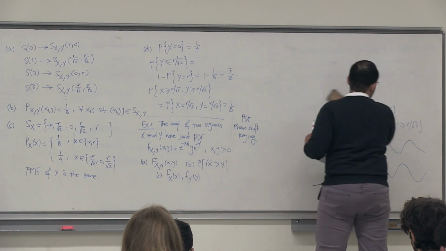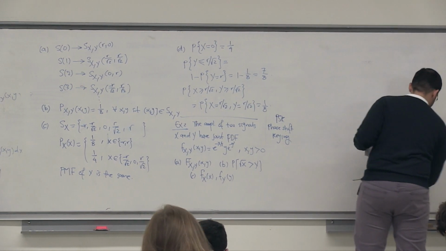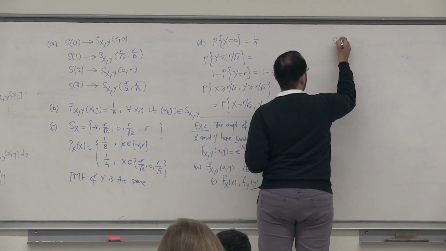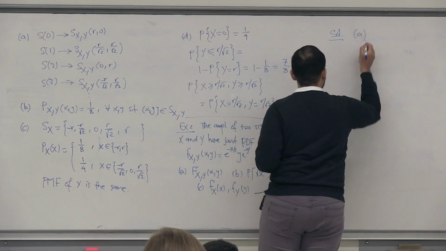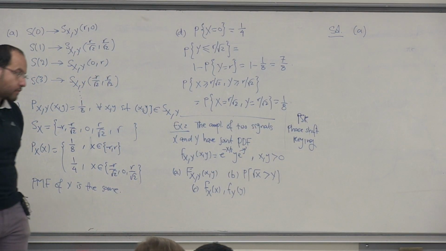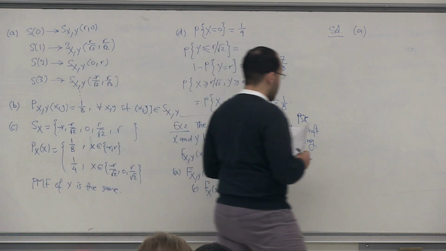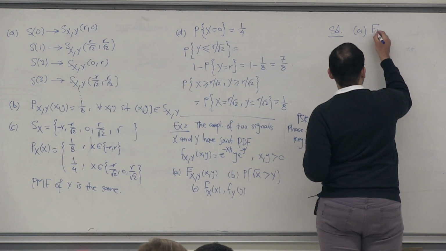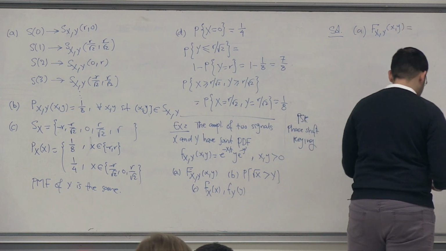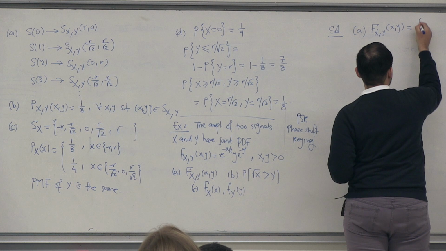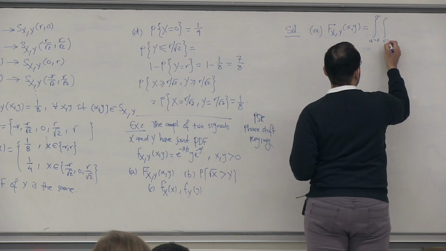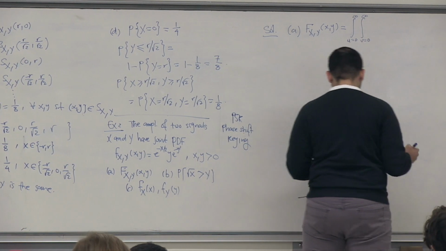How could we find the joint CDF? Exactly, integrate. So F_XY(x,y) is the double integral from u equals 0 to infinity, from v equals 0 to infinity.